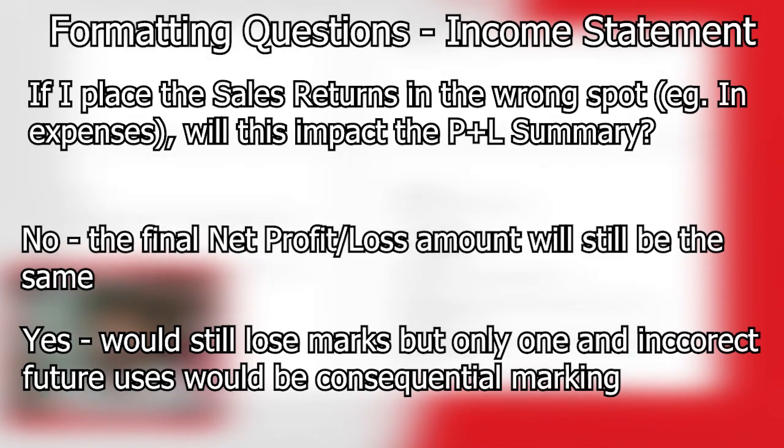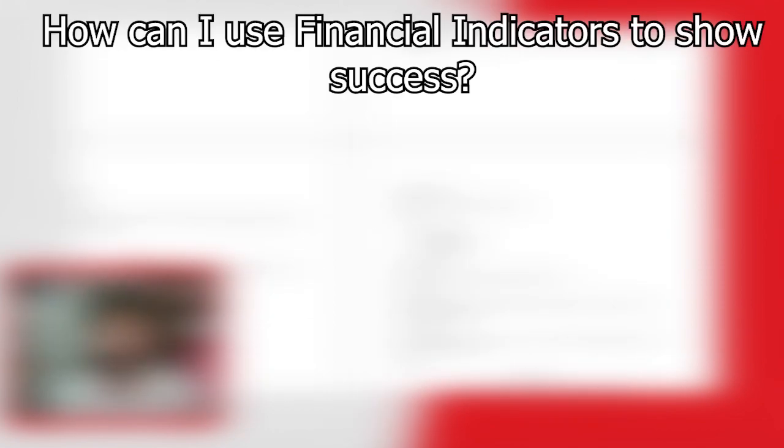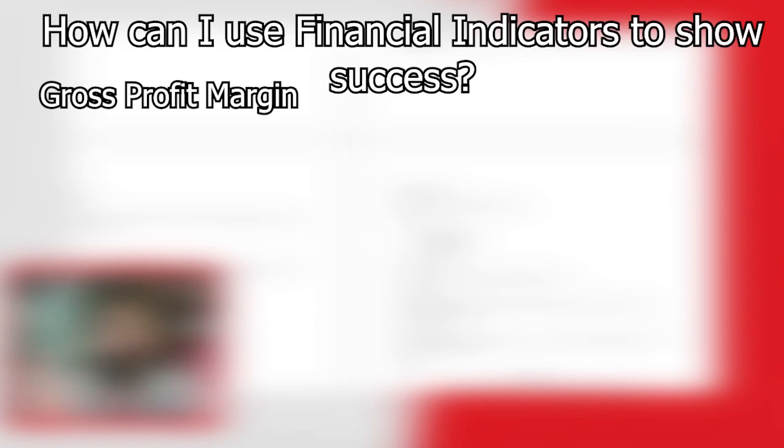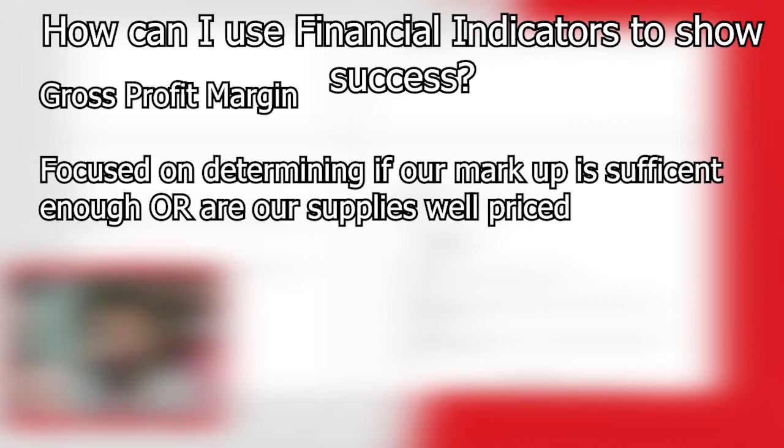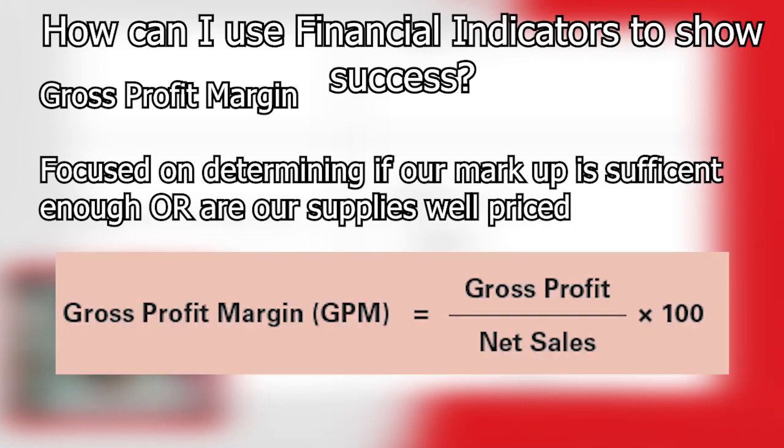So financial indicators now. We're only going to look at 2. So the gross profit margin. This indicates the appropriateness of our average markup by calculating percentage of net sales revenue that is retained as gross profit. And all it is, gross profit margin equals gross profit divided by net sales times 100, because you want it as a percentage.